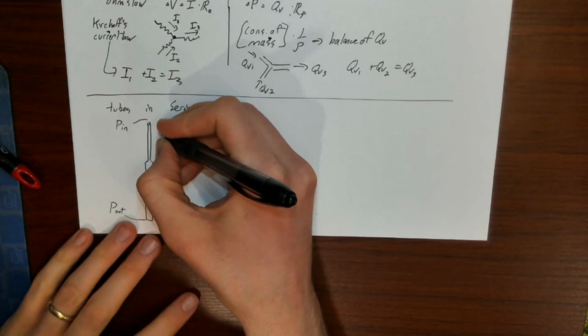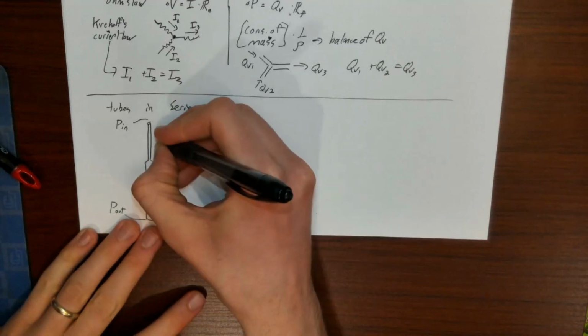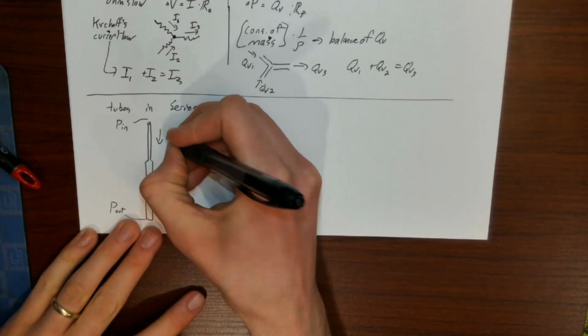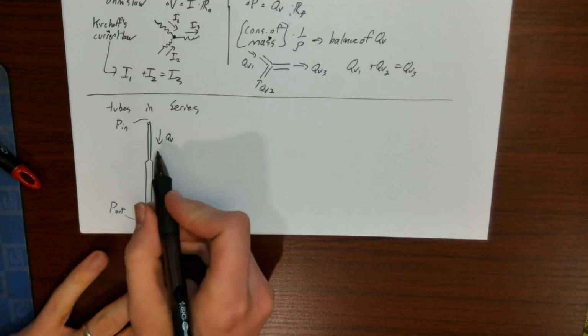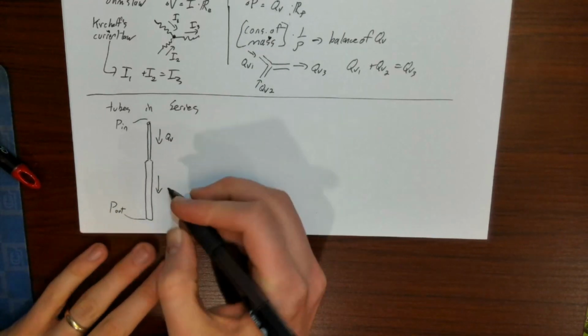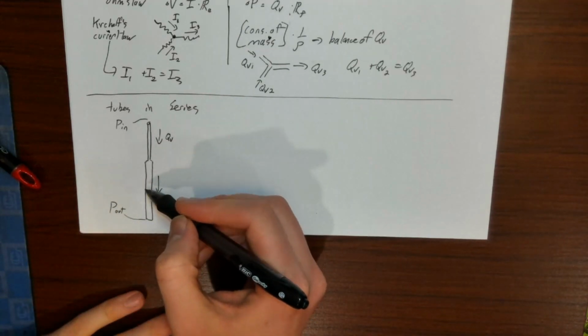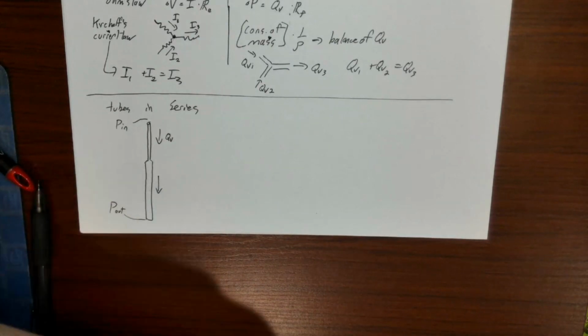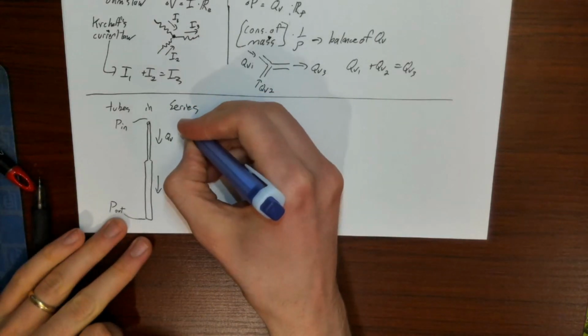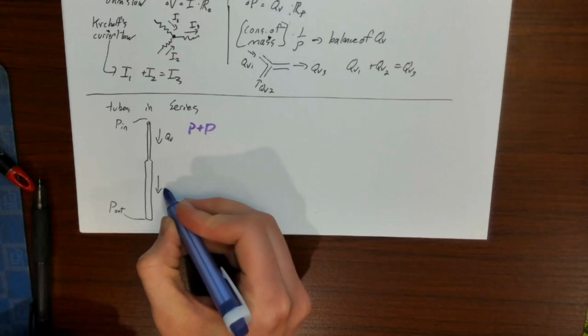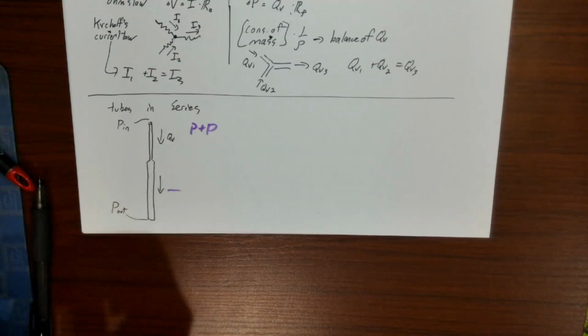If I have these 2 tubes connected to one another, let's say there's some volumetric flow rate through one. What could I say about the volumetric flow rate through this other one? Perhaps pause and ponder. What can I say about this volumetric flow rate right here?